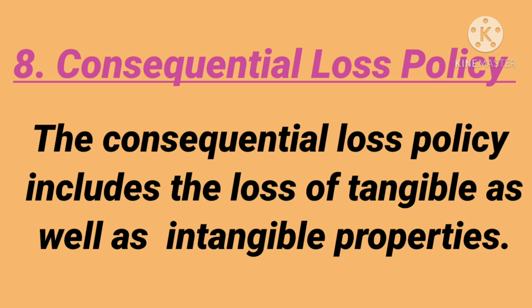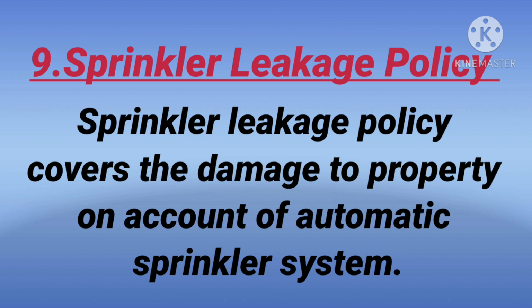The last point, ninth one, sprinkler leakage policy. Sprinkler leakage policy covers the damage to property on account of an automatic sprinkler system which leaks or discharges water accidentally rather than due to fire and smoke.